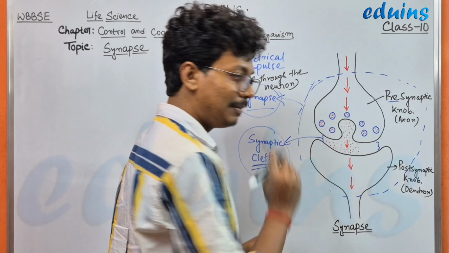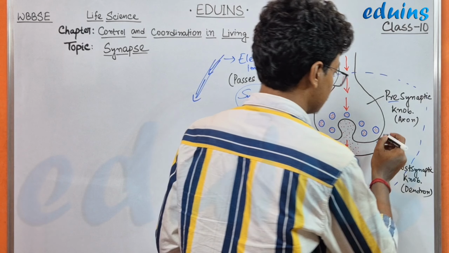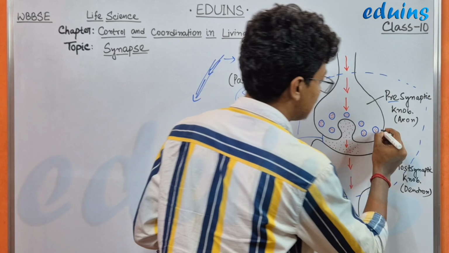In the synaptic knob there are many vesicle-like structures.